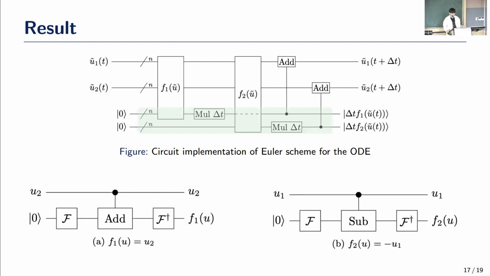So this F1 circuit adds u2(t) to the first ancillary register, then multiplies by delta t, and this F2 circuit adds minus u1 to the second ancillary register and multiplies by delta t, and those ancillary registers are added to the u1 and u2 registers. Then the result becomes u1(t plus delta t) and u2(t plus delta t).